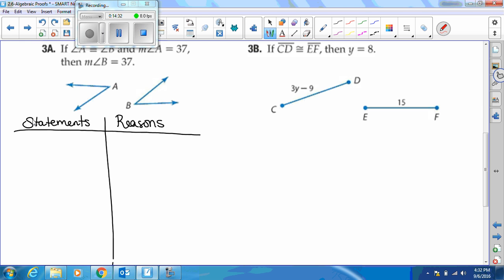All right, we're going to always start with our given. Angle A congruent with angle B. And the measure of angle A equals 37.